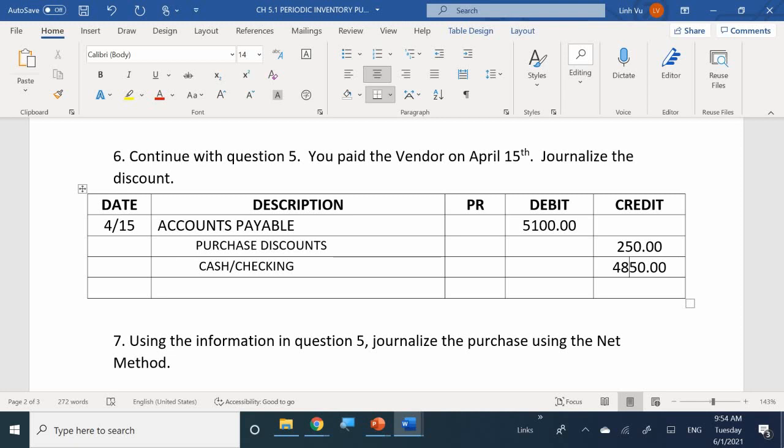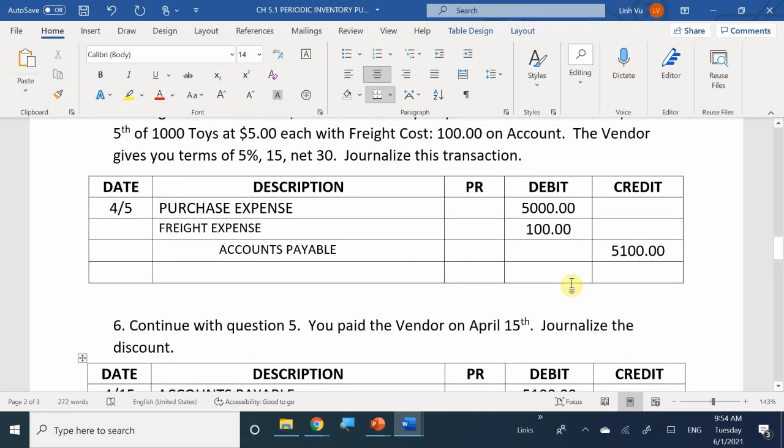But for me in my books, I want to say, this is what I owe. This amount that I owe includes both purchase price and freight expense. But as my diligence as an accountant, I need to make sure I recognize that when I'm dealing with periodic inventory, I'm looking at two separate costs. One cost is the purchase expense and one cost is the freight expense. I know for a fact that this amount is going to be for $100 of freight, including the $5,000 for my purchase expense.